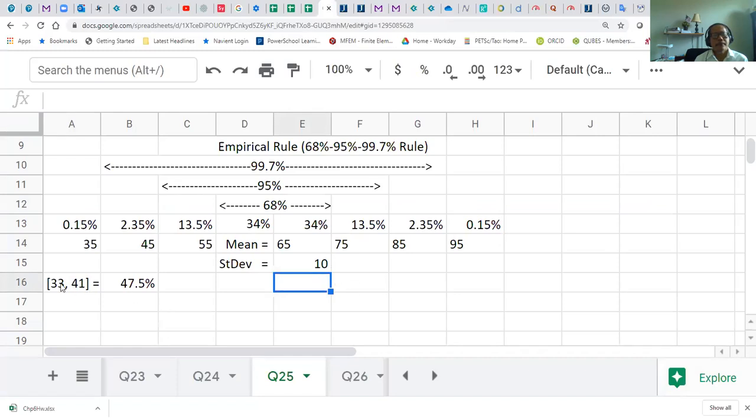In here, you replace this with 65 to 85. So you can see you just simply add.